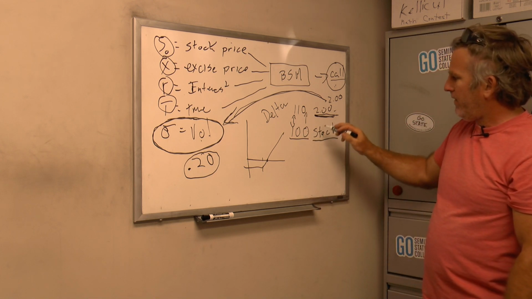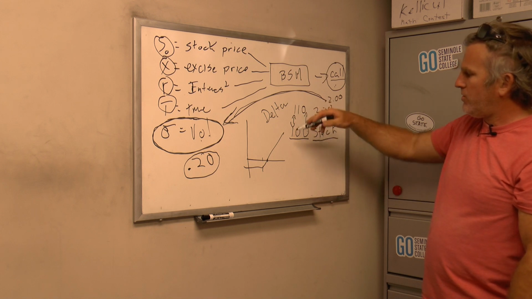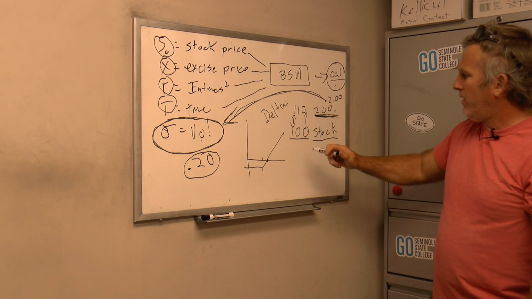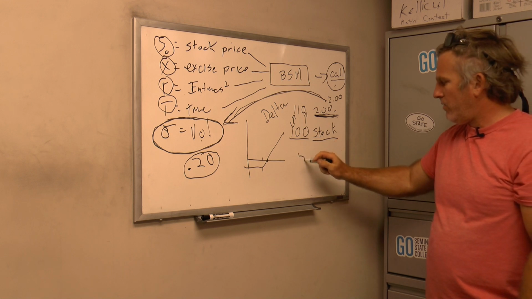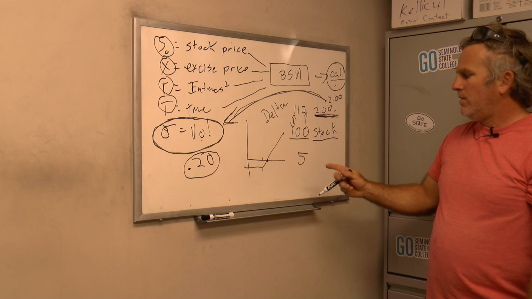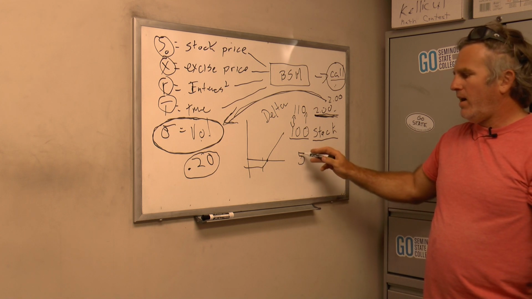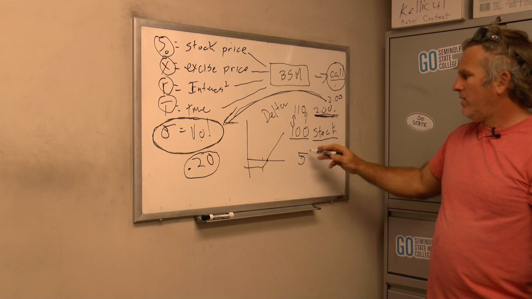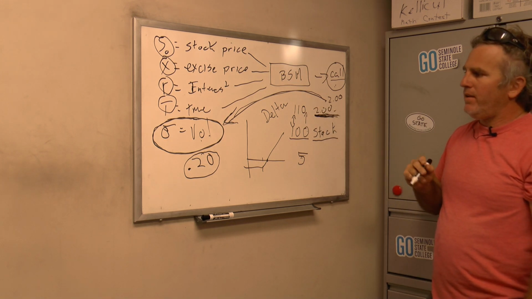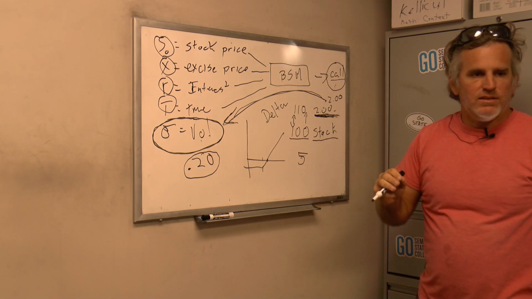Say you punch this into your Black-Scholes thing and use the partial differential equation, and you get that we need to be short 5 shares of stock. It says we're long 5 deltas, so if you short 5 shares of stock, you're going to offset this position completely for that instant.